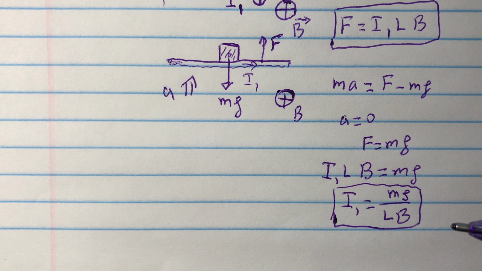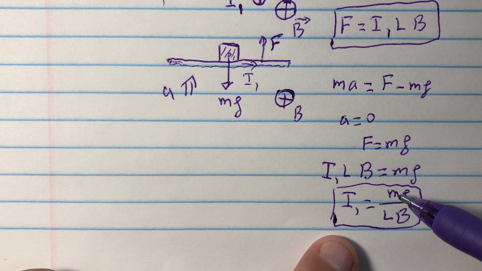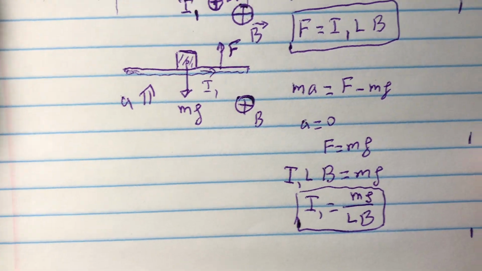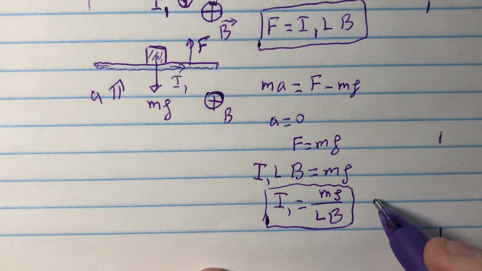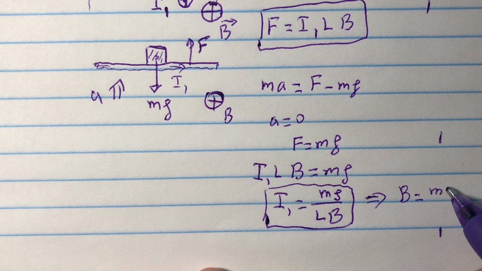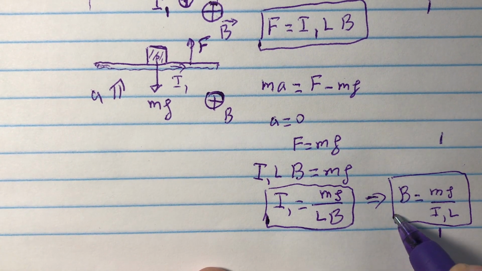Okay. Now, we can switch the equation and make it look like this. B is equal to mg over I1 L. This is also an equation.